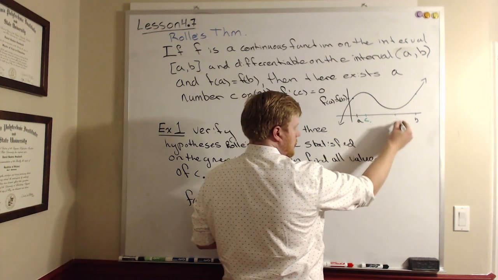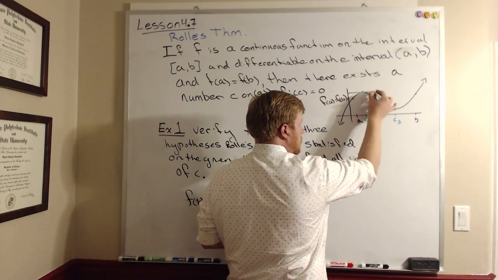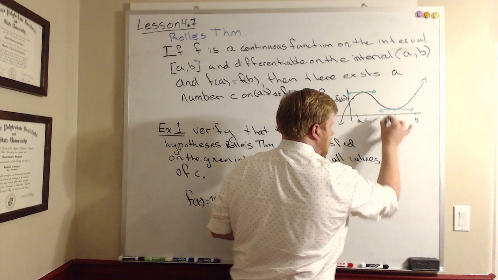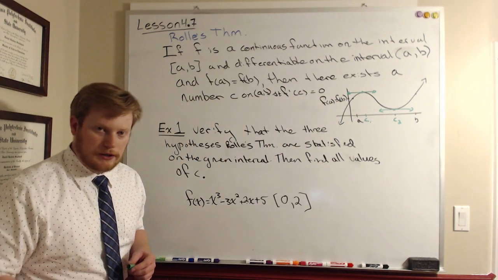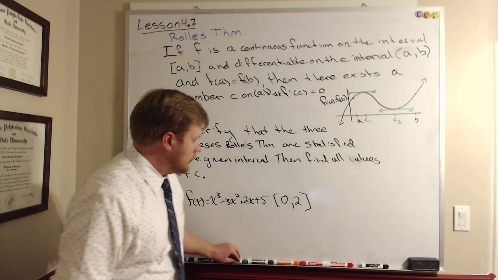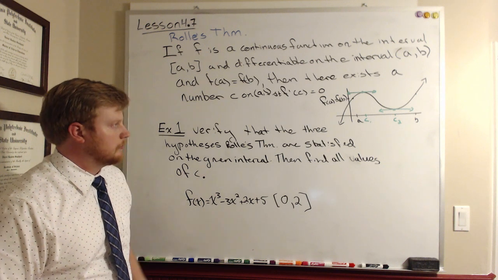There's a c1 here and a c2 here, where the derivative is equal to 0. In other words, there's a horizontal tangent. In other words, there is a local max or local min. That doesn't mean that there is any certain number, but there has to be at least one.